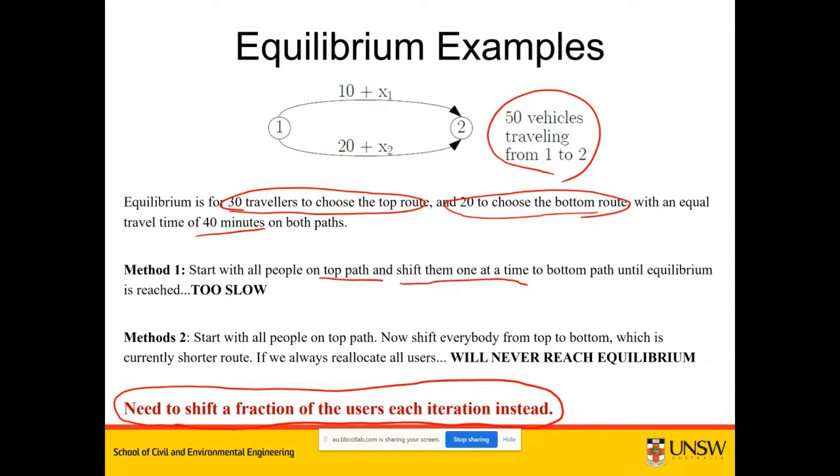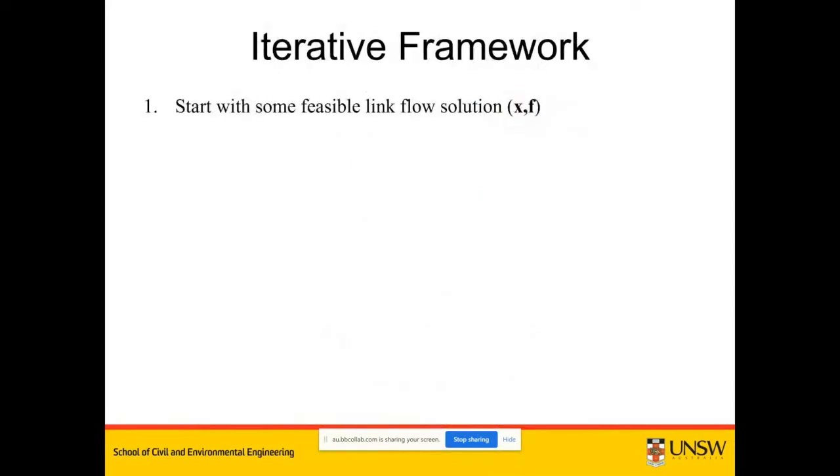So in a relatively small number of iterations, we can manage to spread them and reach the equilibrium point where the path travel times become equal. But trying to smartly find that fraction, what fraction of people should I switch from one route to the other route, that's the main problem that many different methods try to solve differently.